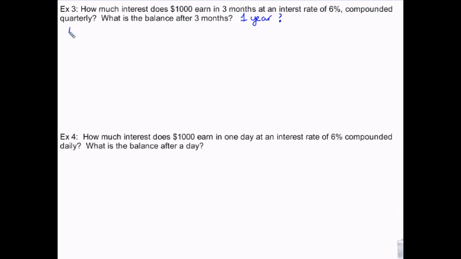Okay, so same formula. So in the first quarter, I'm going to do 3 months, so it's 3/12.